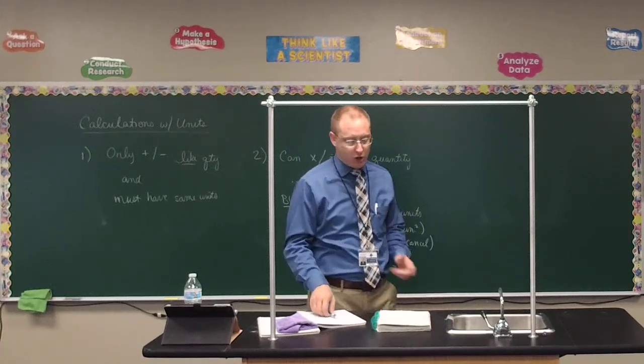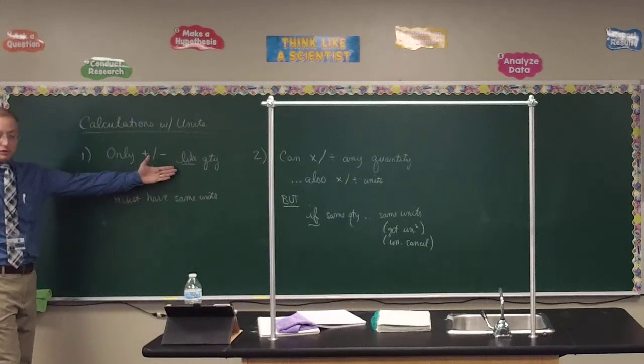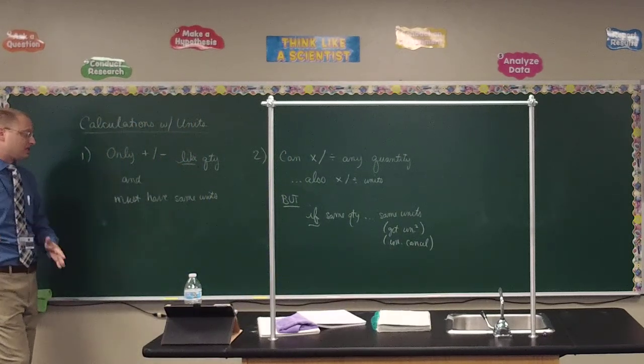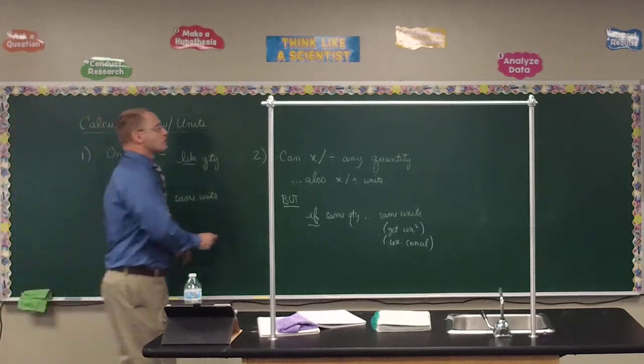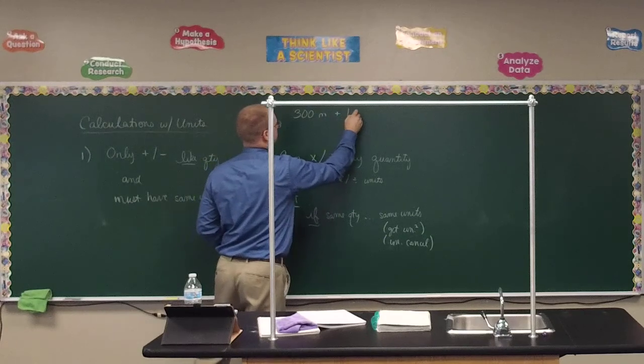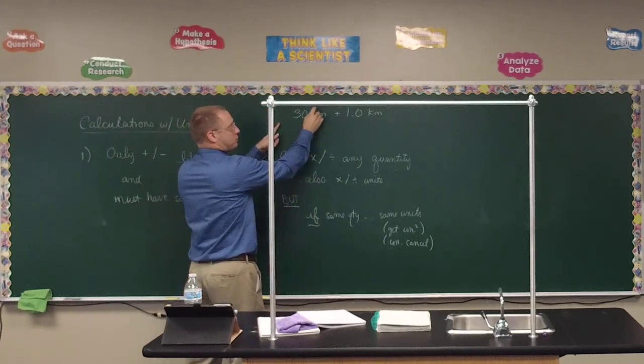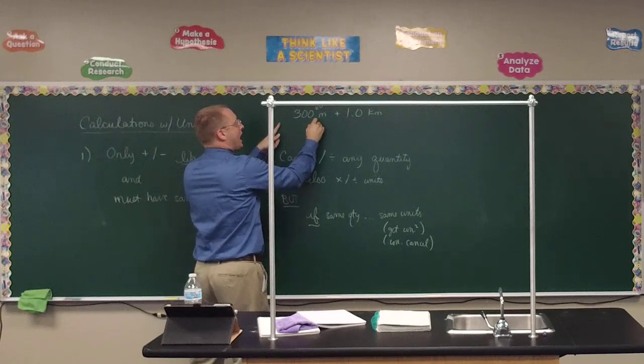Okay, but in order to do the math, we have like quantities. Meters and kilometers are both lengths or distances, but they have to have the same units. So what they did was they said, we're going to take our 300 meters and we're going to change it to kilometers. We're going to take our E0 and we're going to change it to an E3 kilometers.